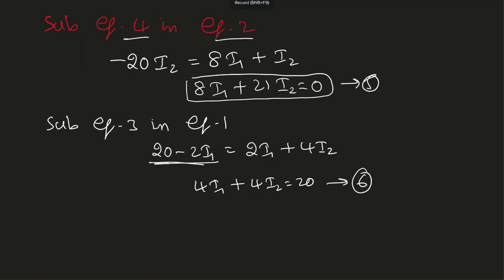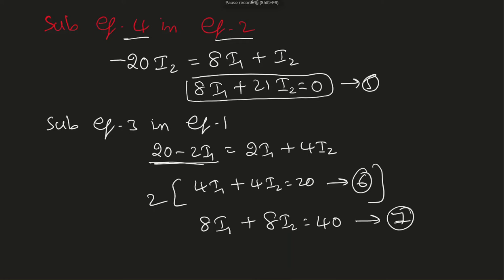Now for equation 6, I'm going to multiply with 2 on both sides. So it's going to be 8I1 plus 8I2 equal to 40. That's an extension of 6, maybe I can label that as equation 7. Now I have equation 5, 8I1 plus 21I2 equal to 0.